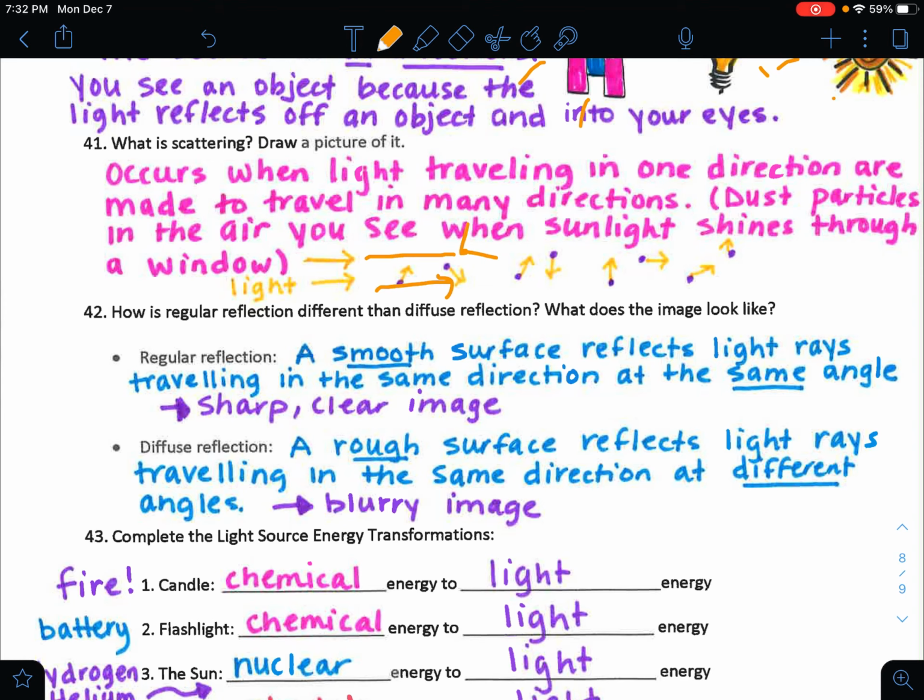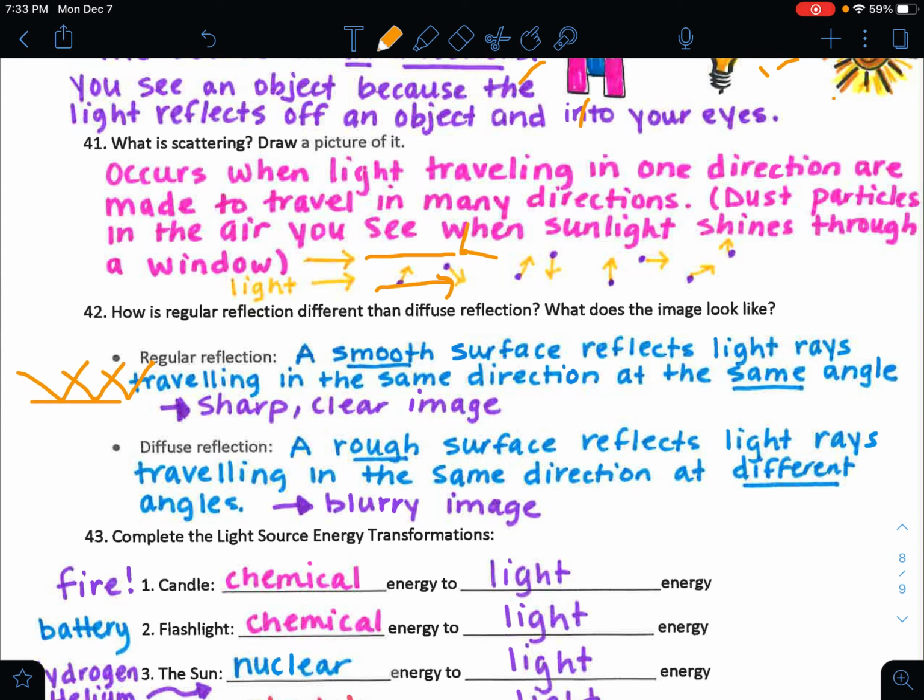Okay, regular reflection and diffuse reflection. So regular reflection is going to be on that smooth surface, like a smooth water surface. A smooth surface reflects light rays traveling in the same direction at the same angle, and so you have the nice sharp image. So with this, your water is smooth, okay, and the light coming in bounces off, and a nice crisp image will return to your eyes.